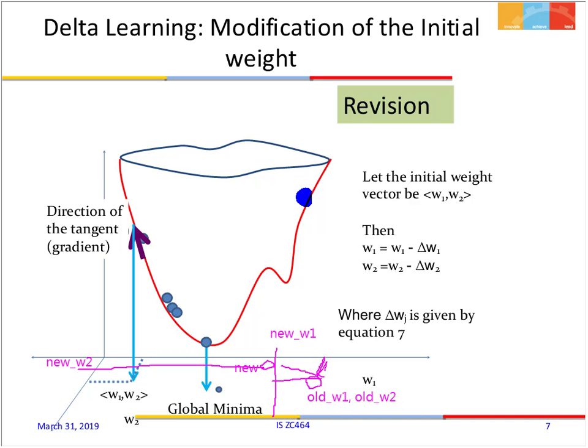So that is how the new W1, W2 will have something as W1 minus delta W1 and W2 minus delta W2. Fine. Is this part clear? So now if you have moved to this new point, that means you are actually putting your search somewhere here.